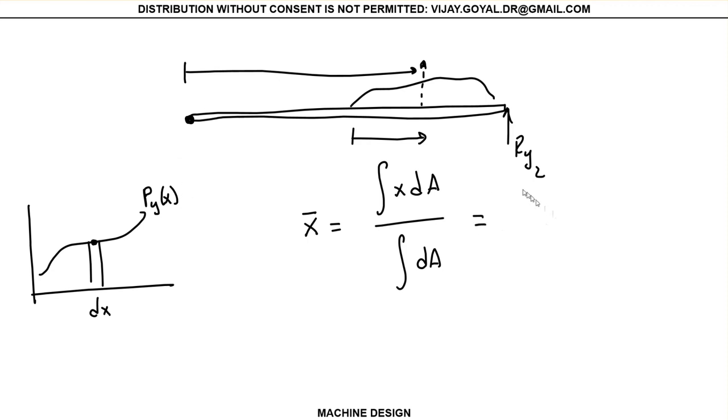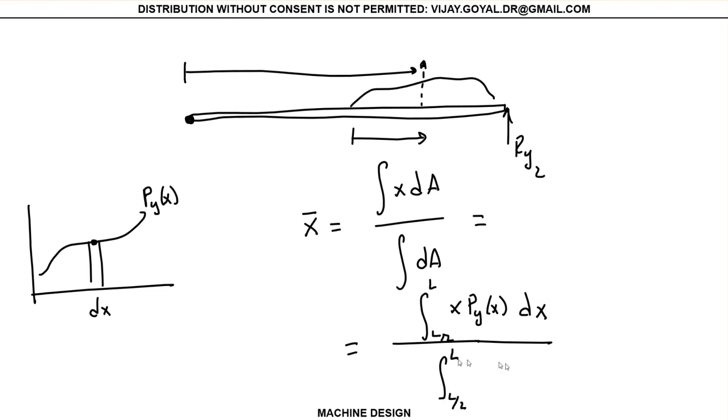So then this will be the integral from L over 2 to L of x times py(x) dx, over the integral from L over 2 to L of py(x) dx.